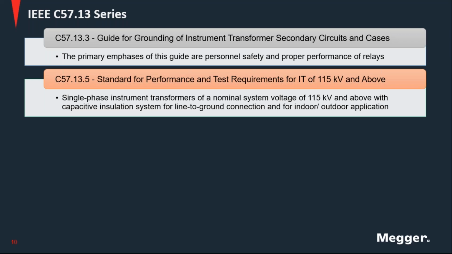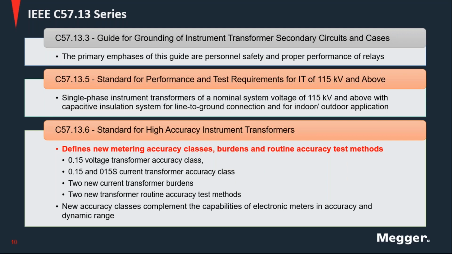This covers mainly potential transformers, voltage transformers. The accuracy classes that were defined in C57.13 come from a document that brings these accuracy classes from a long time ago. And now we have electronic meters, and we have smaller burdens that connect to these CTs, and we need higher accuracy requirements.